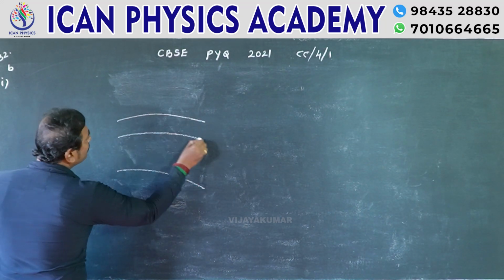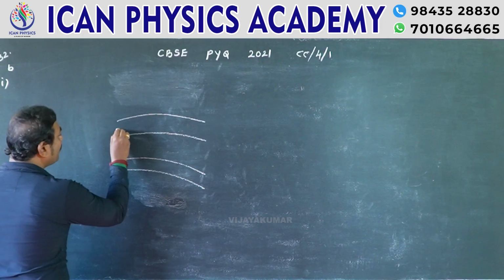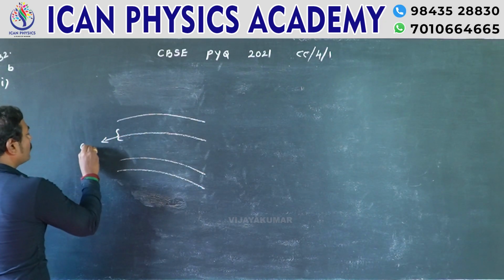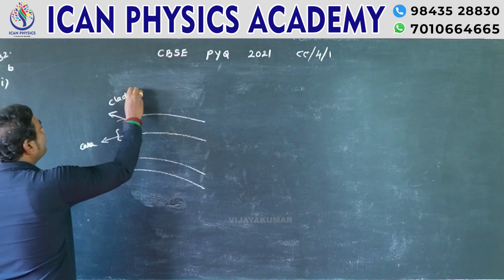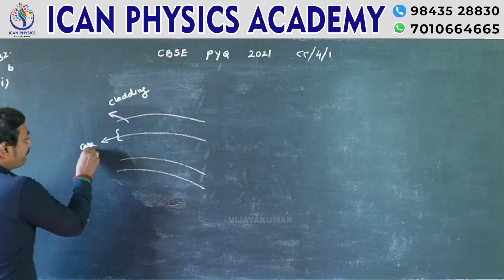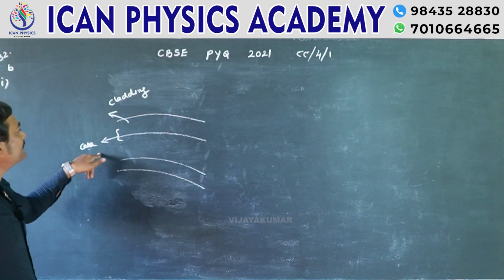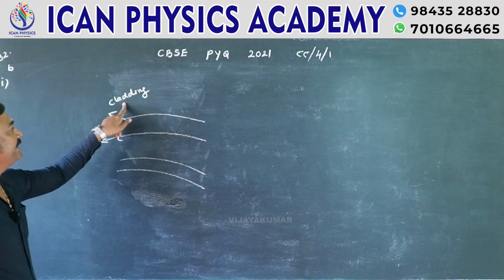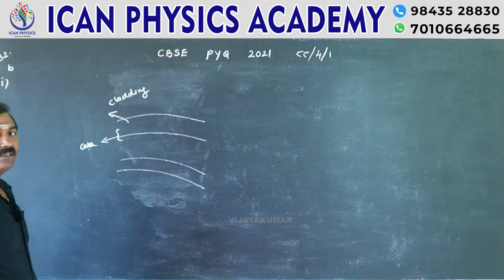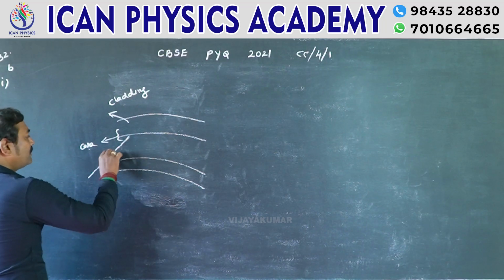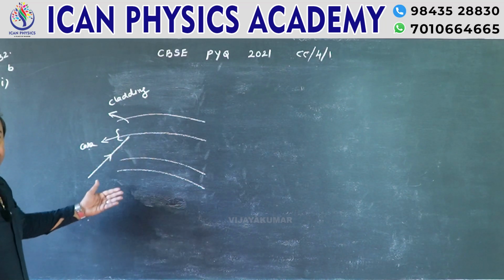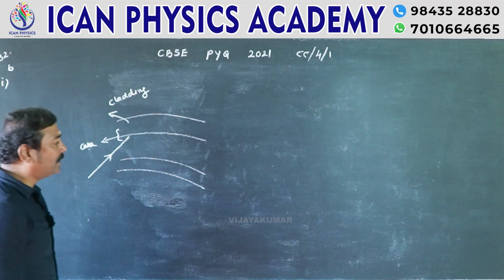So the inner one is called a core and the outer one is called a cladding. Okay. The refractive index of core is greater than the refractive index of the cladding, so that the total internal reflection takes place.